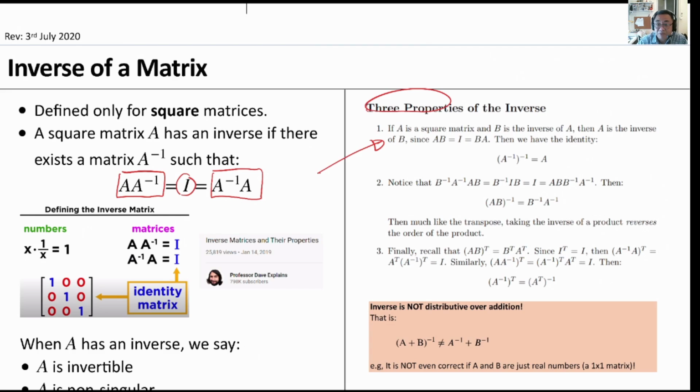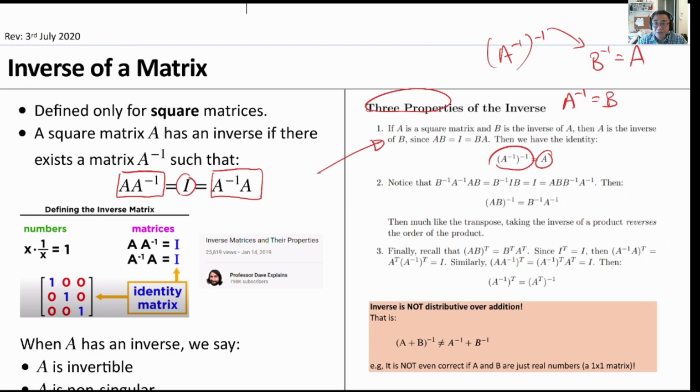The 3 properties of inverse include: if A has an inverse matrix, its inverse again is back to A. So A inverse and inverse again is back to A. You can convince yourself of this by saying that the inverse of A equals B. The inverse of B is equal to A, and therefore when we substitute this, it will be A minus 1 minus 1.